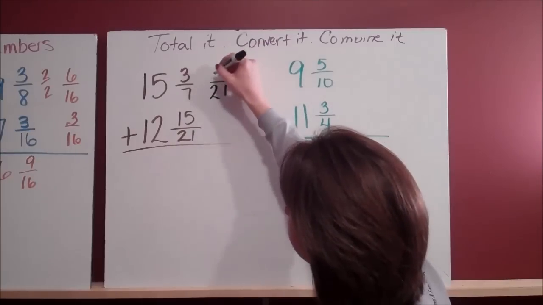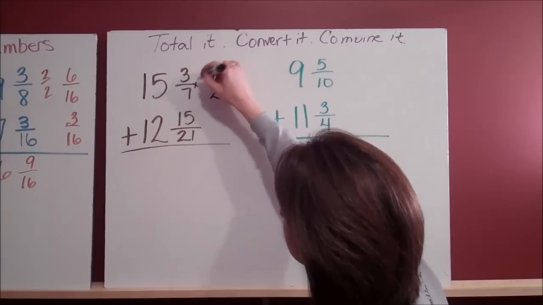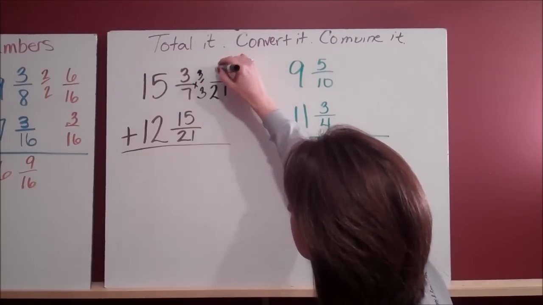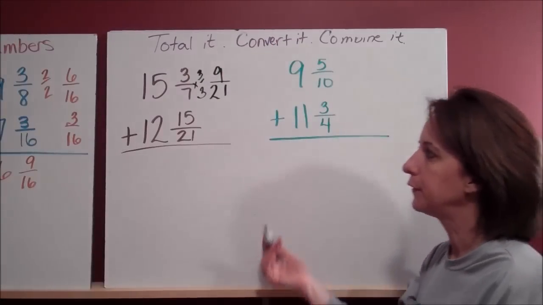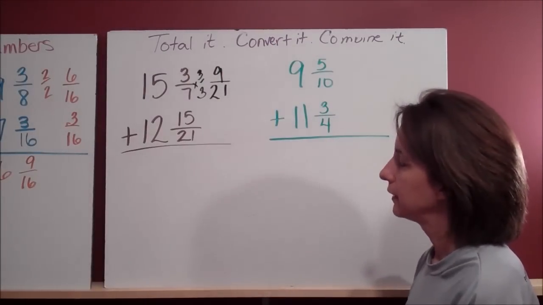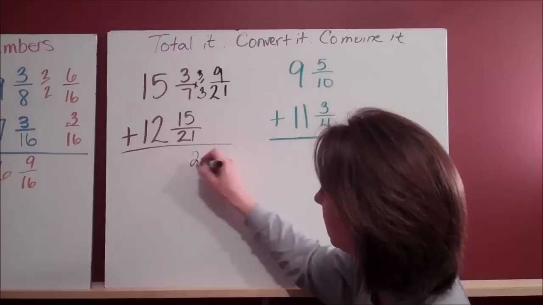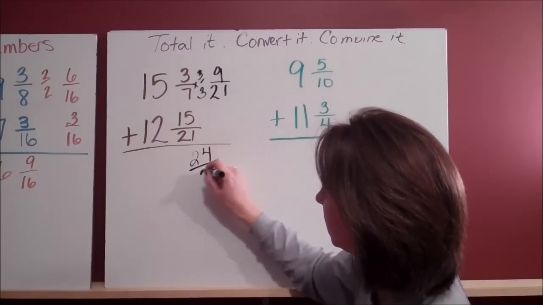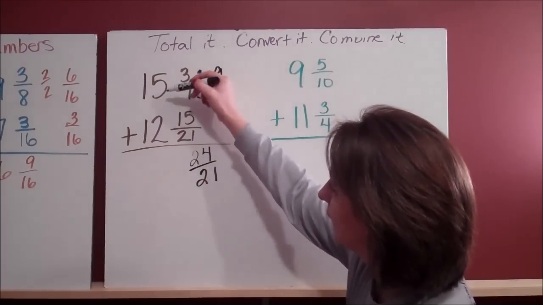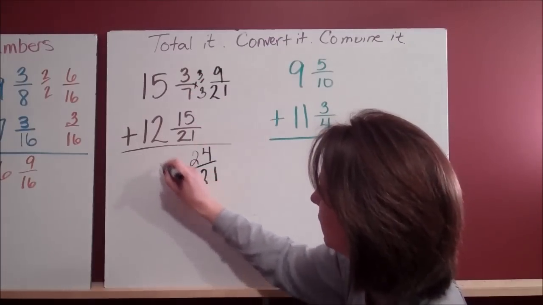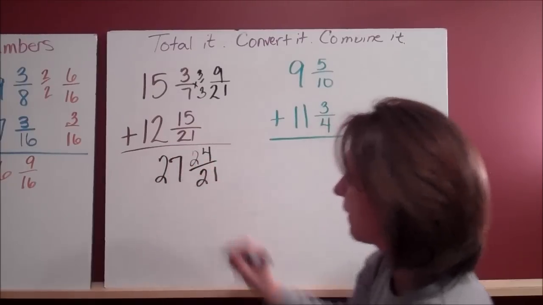This one's going to stay 15, and this one is going to be multiplied by a form of 1 as 3/3. So now I have to do 15 plus 9, which is 24/21s, and then I have to do 15 plus 12, which is 27.